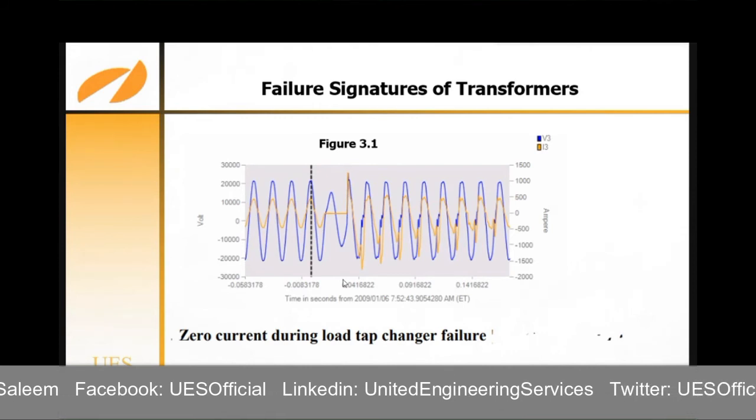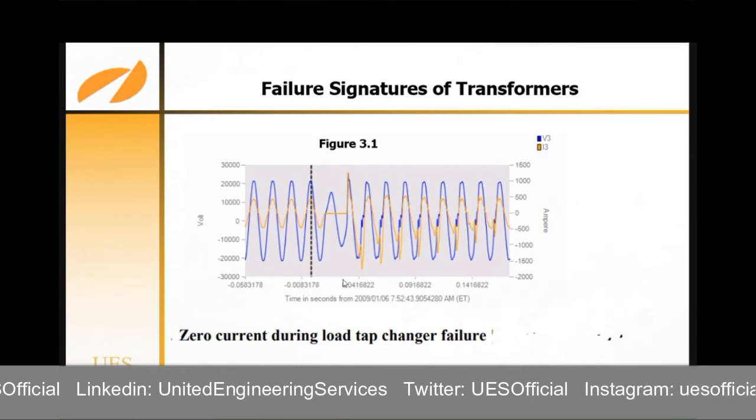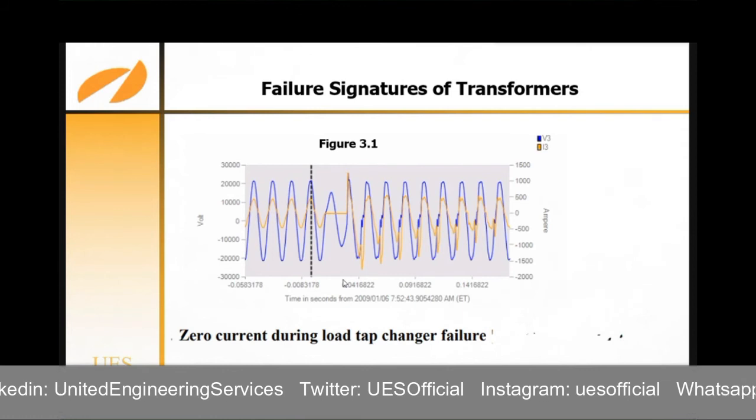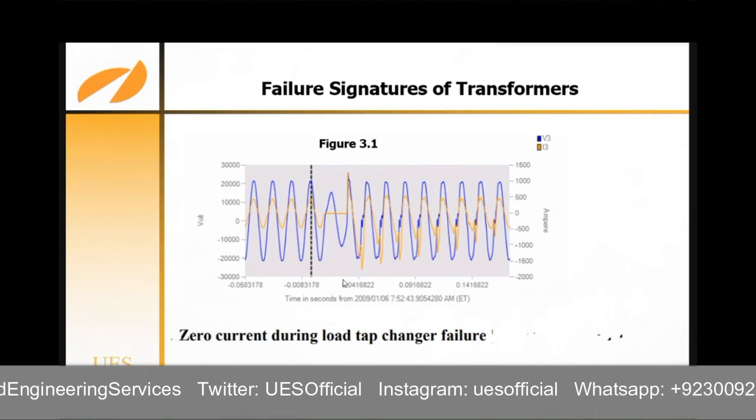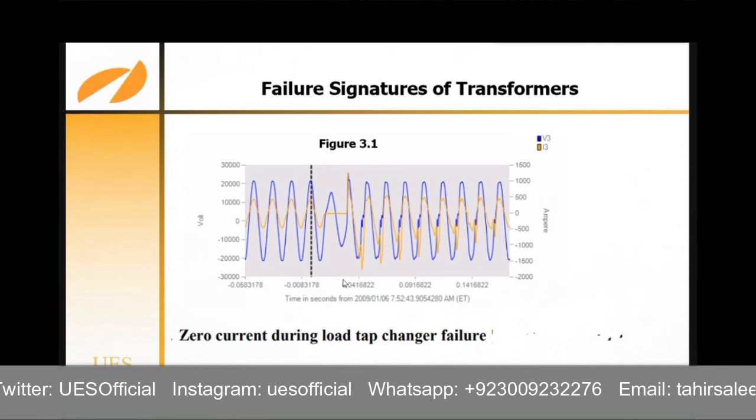This would have had a catastrophic, destructive effect on the transformer. So this gives you an idea of the importance of these failure signatures.